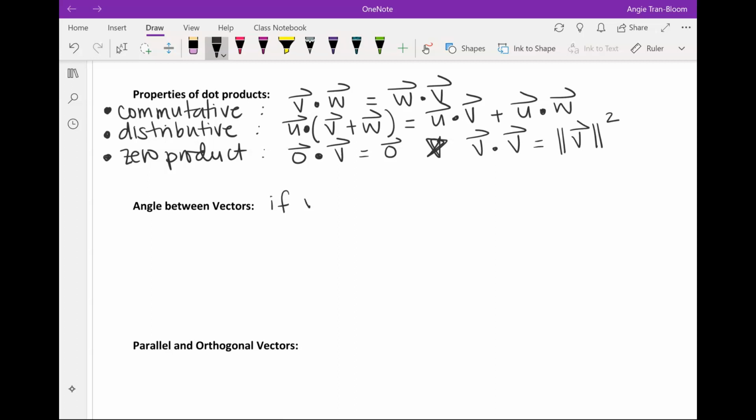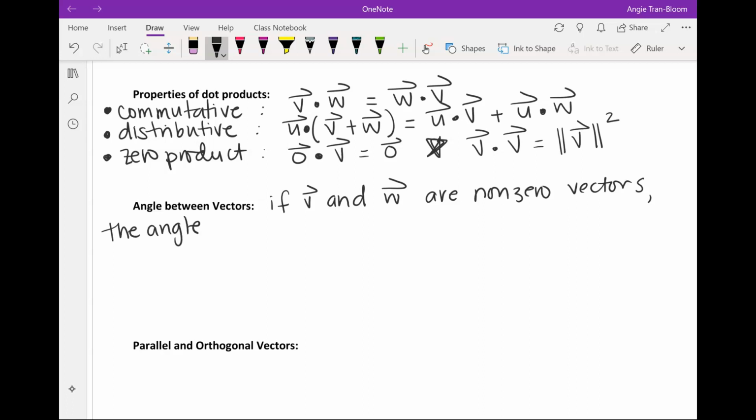So if v and w are non-zero vectors, the angle theta is restricted between 0 and pi, including both ends. What quadrant is that in? Only 1 and 2, okay?